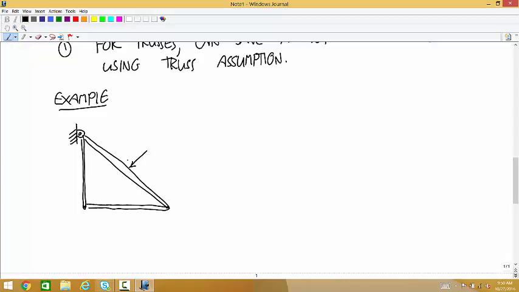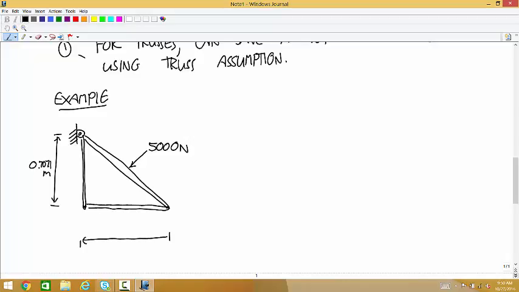And there's a force that's perpendicular to the diagonal member of 5,000 newtons. The lengths of both of these two members are 0.7071.